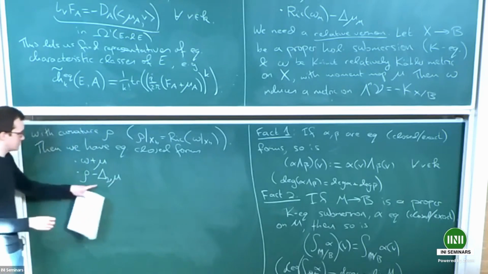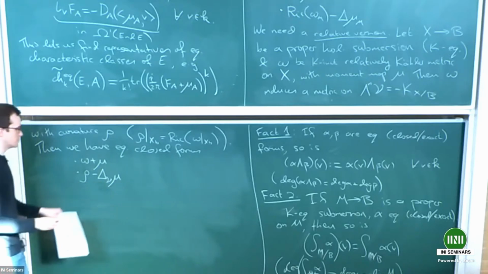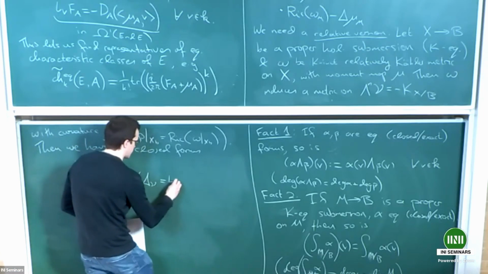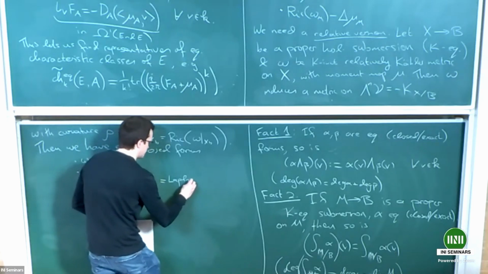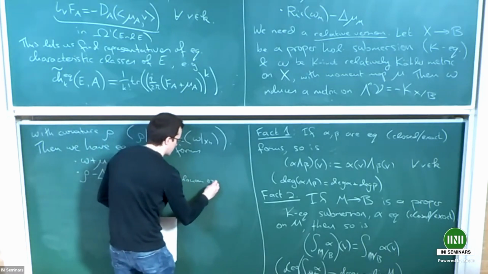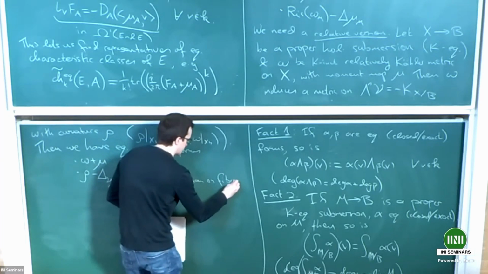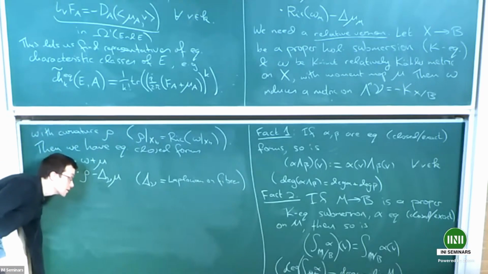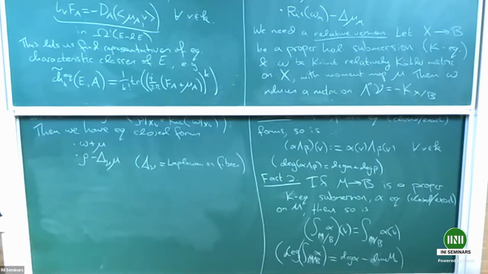So rho minus the vertical Laplacian of mu. So Laplacian V equals the Laplacian on fibers.